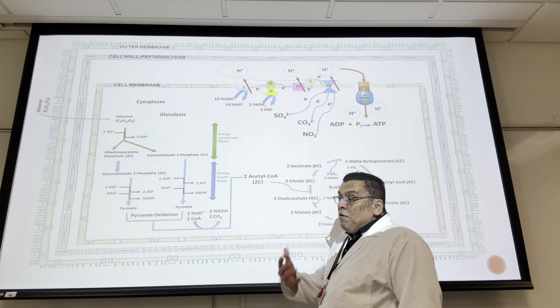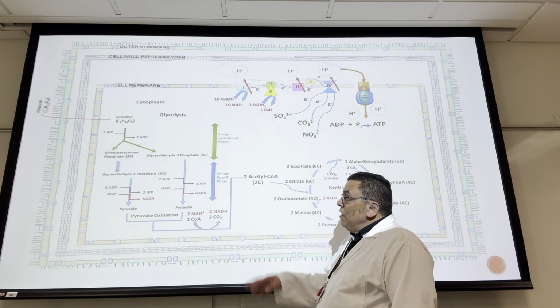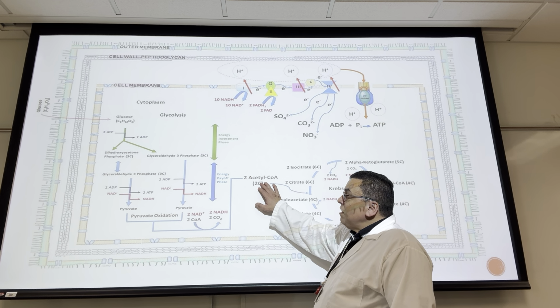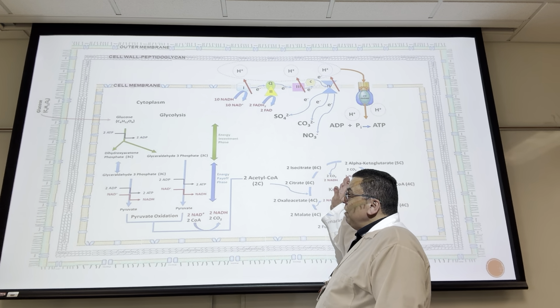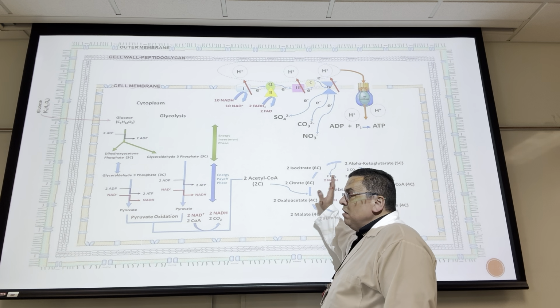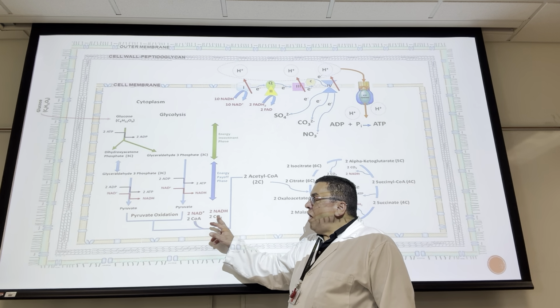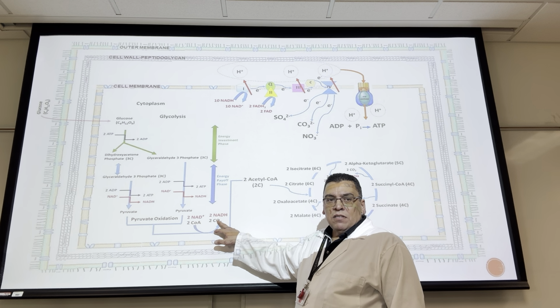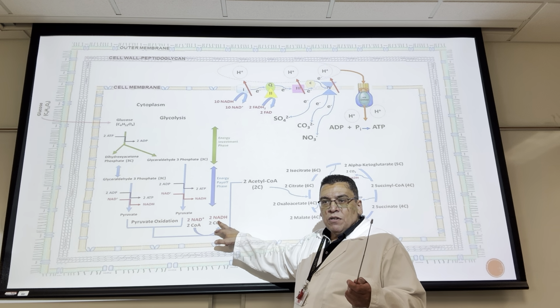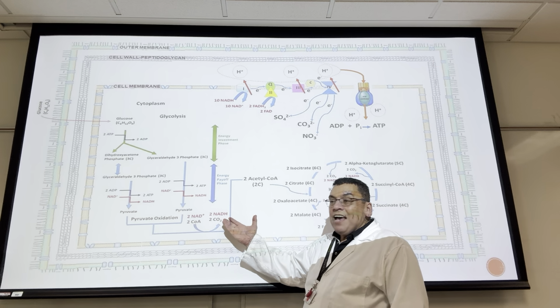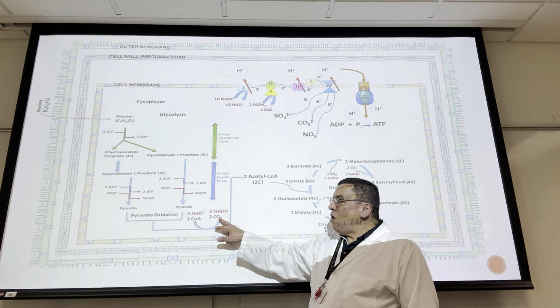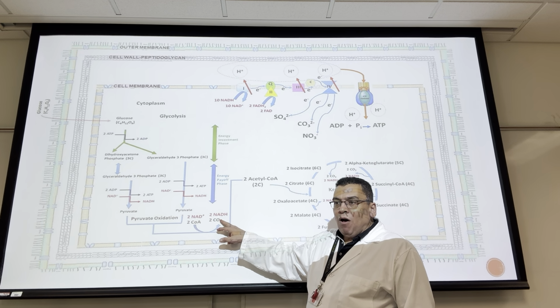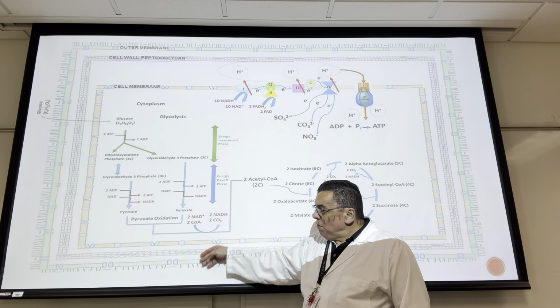Okay, so at the end of pyruvate oxidation, the 2 acetyl-CoAs are now available for the Krebs cycle. I have 2 CO2s. How are these CO2s leaving the cell? Which kind of diffusion? Simple diffusion. They're gas. They're non-charged and small. So they're gonna go right through the cell membrane.